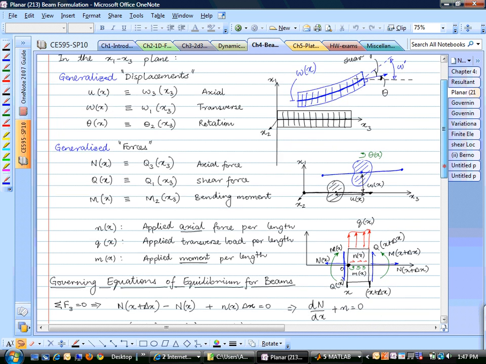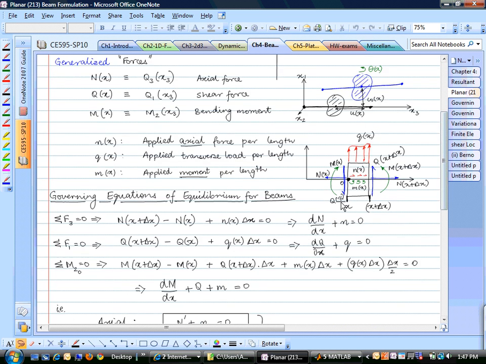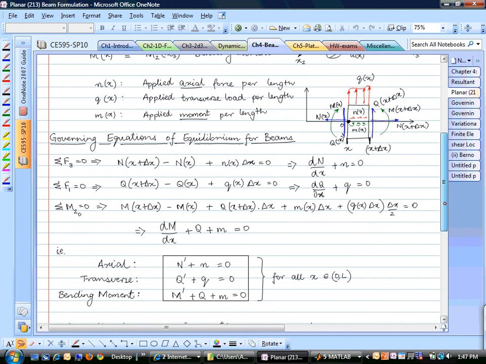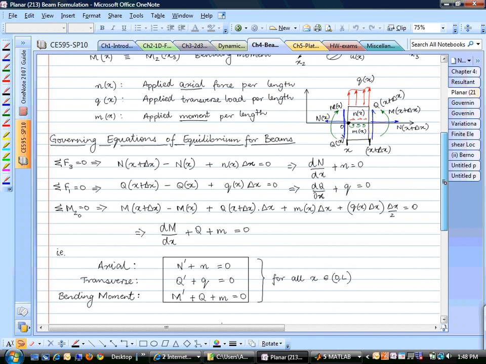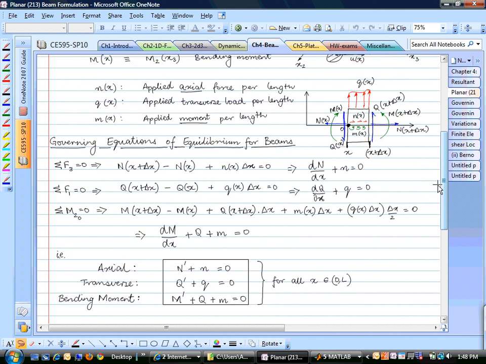And with this assumption, if you draw a small section of a beam, you can write out the equilibrium equations for axial equilibrium, transverse, and moment equilibrium. This is something that we have seen long back. We also saw that there are two types of beam theories. One is the Timoshenko beam theory, that is for deep beams where shear deformation is important.